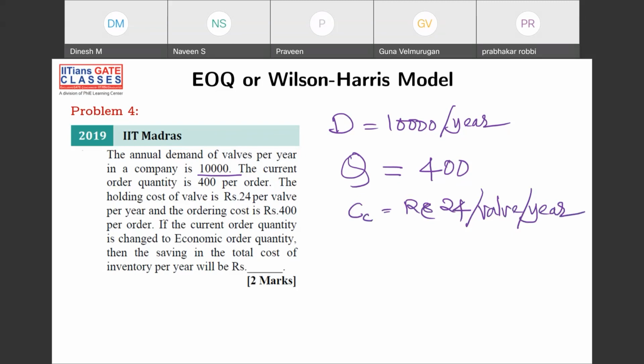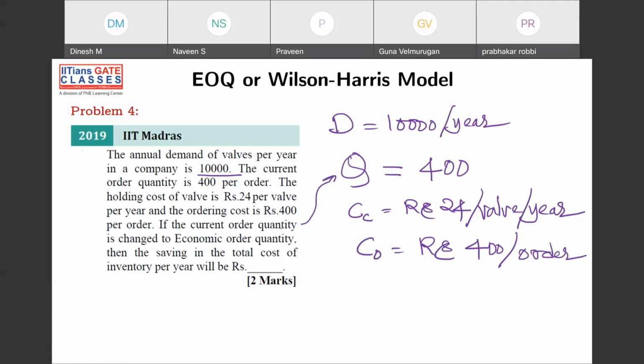And the ordering cost is rupees 400 per order. What is that 400? C naught, rupees 400 per order, not per year, per order. Good.